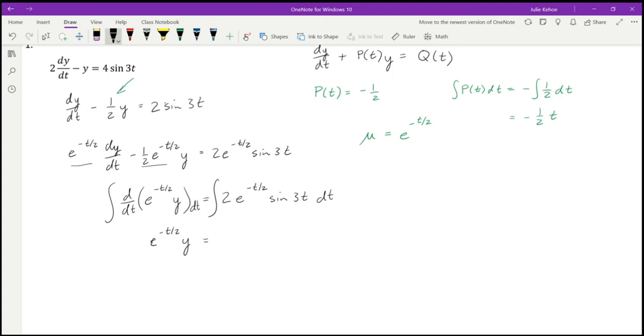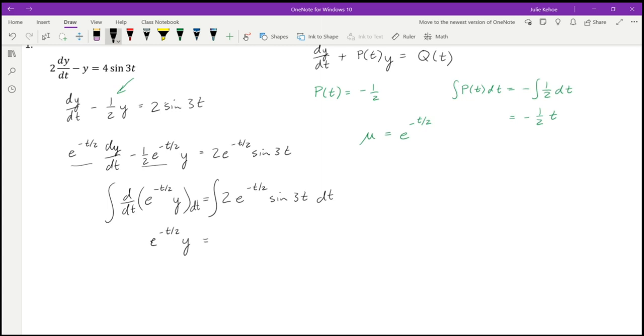Now, this is one that you can integrate using integration by parts a couple of times, but usually once you've gotten past that section in Calculus 2, we usually just go to the formula for this one. So I'm going to use the formula to integrate this.